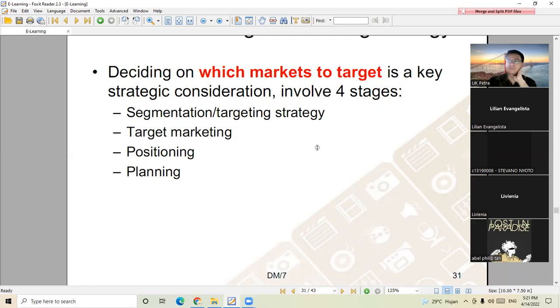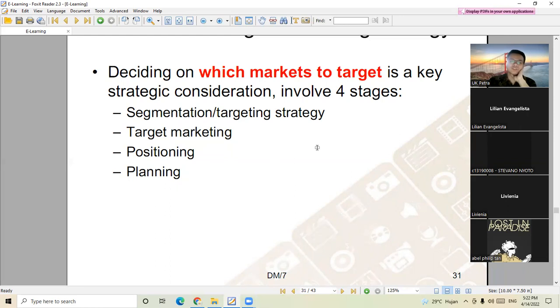We focus on middle-high income customers, high income customers, or low income customers. That's one way to segment your target market. Or in terms of age: young adults, teenagers, or seniors. That's the segmentation.